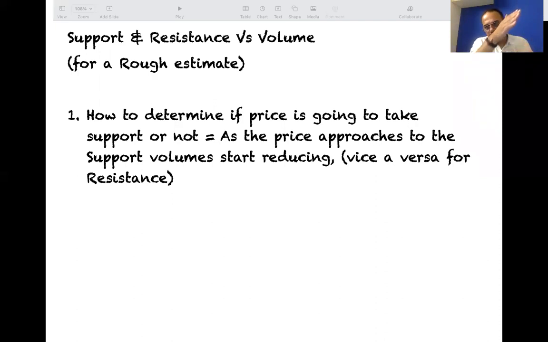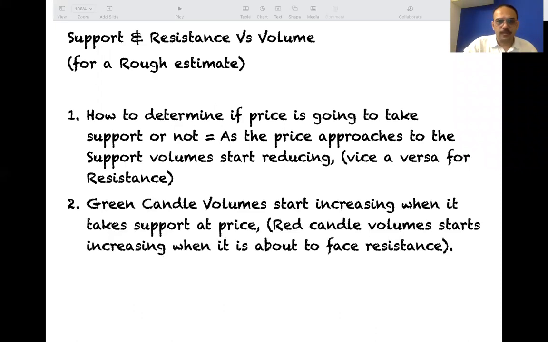First, the volumes will reduce, and at support level, there will be a lot of volumes. Green candles, when it is coming down, earlier the red candle volumes will be higher. At support level, all the green candle volumes will be relatively higher than the red candle. So that is one pattern.